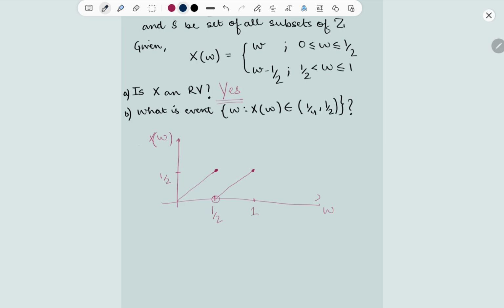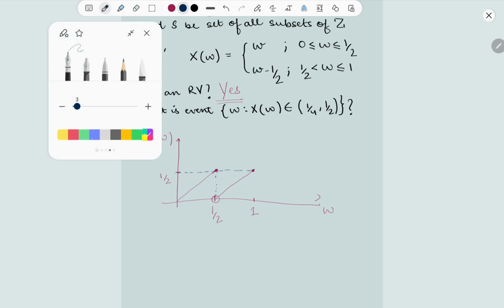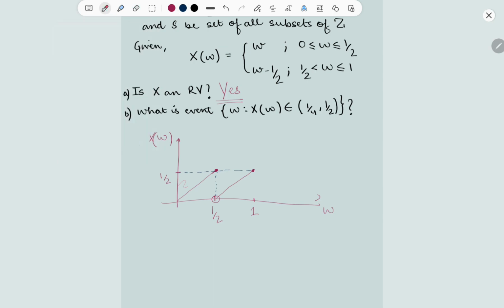Now, first of all, mark this. There's a drop here. Now here is 1/4. What we have to find is where x(omega) belongs to the interval 1/4 to 1/2.